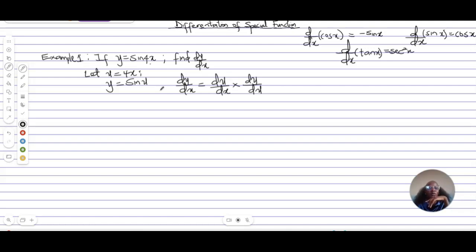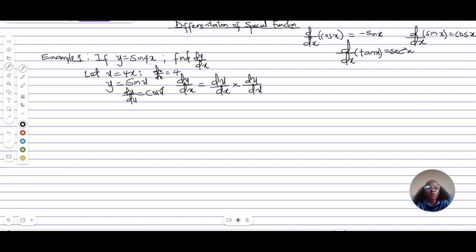So let's find du/dx. If u is equal to 4x, then du/dx is 4. If y is equal to sine u, then dy/du, the differentiation of sine, is cos u.